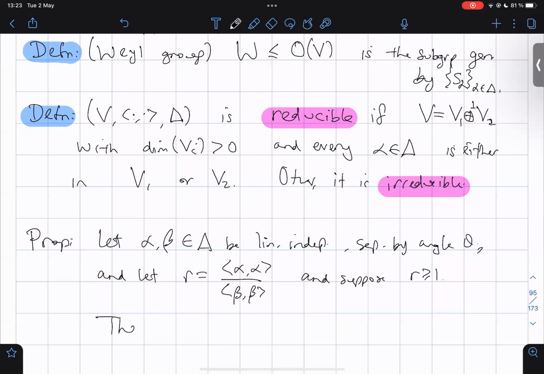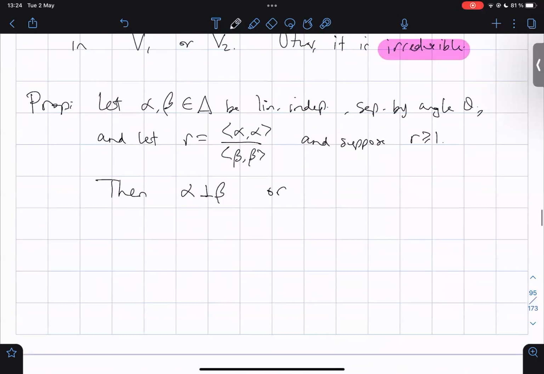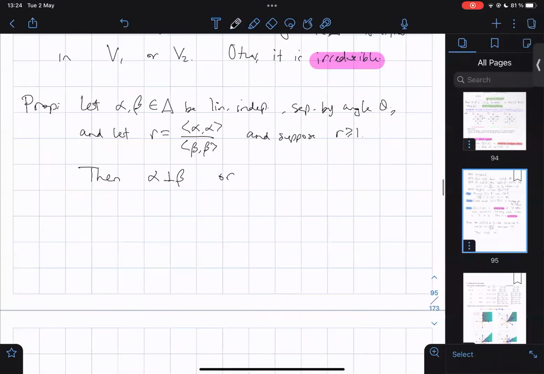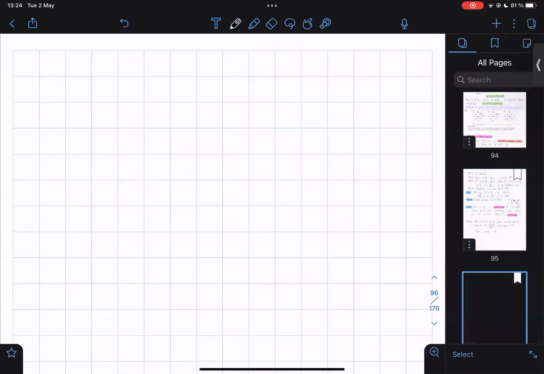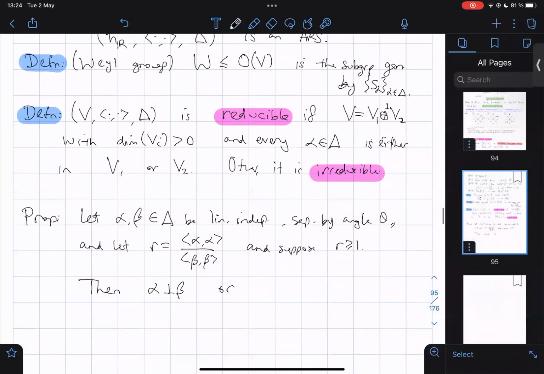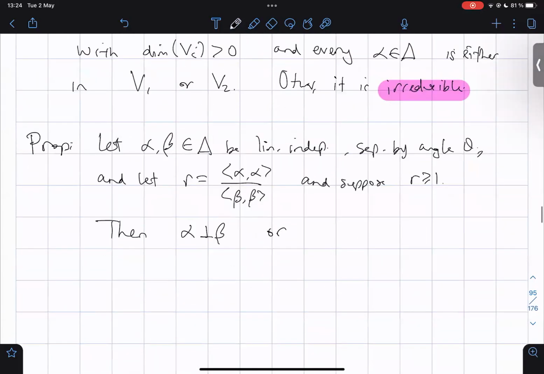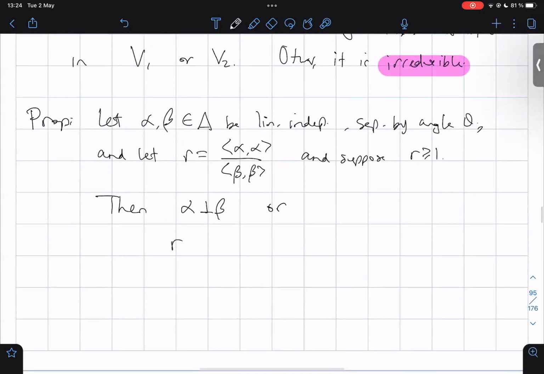Then you have a couple of possibilities. Alpha is orthogonal to beta, or things are highly restricted, so you have R being 1, 2, or 3.